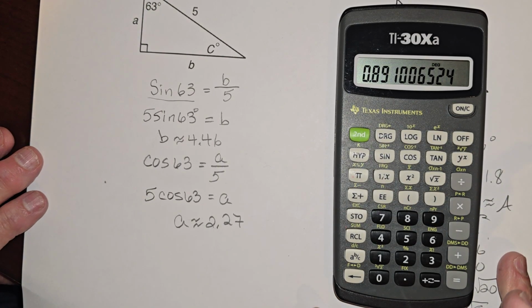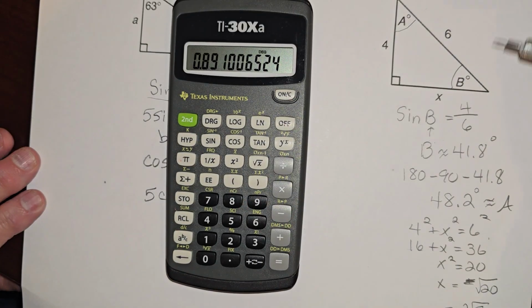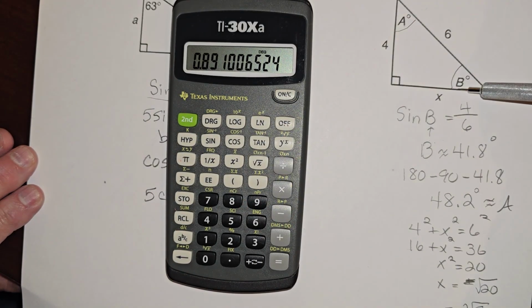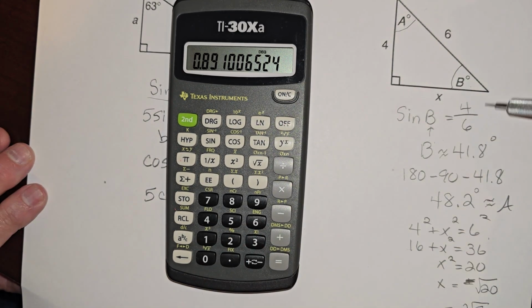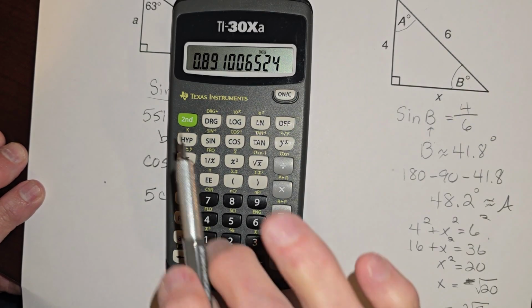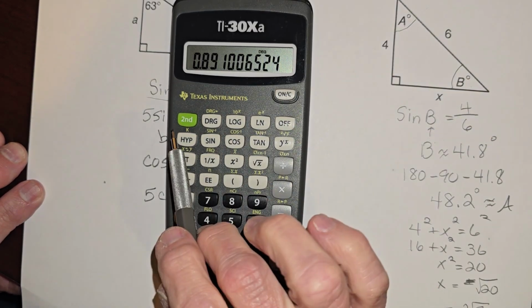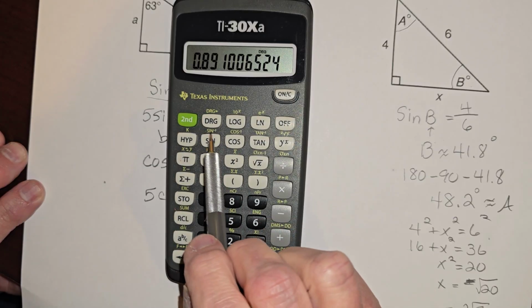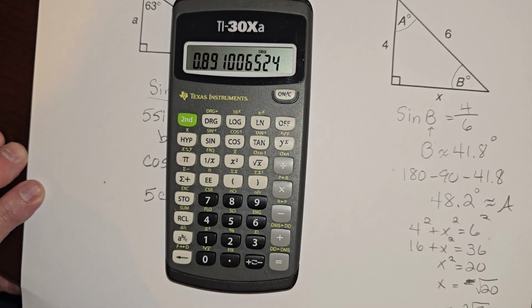All right, and when you don't know the angle, hit inverse sine or inverse cosine or whatever. If you know the ratio, opposite over hypotenuse or whatever, but you don't know the angle, that's when you use the second function sine or second function cosine, or you can see the little -1 up there by the sine.